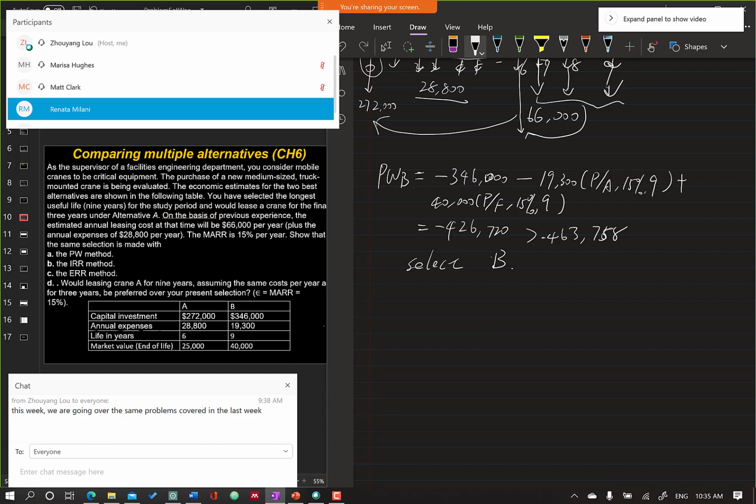And then the next one is we want to use the IRR method. Can you recall what the IRR method is? I know it has been a while since we passed the midterm, but I think it's a good place here to just recall what we have learned.